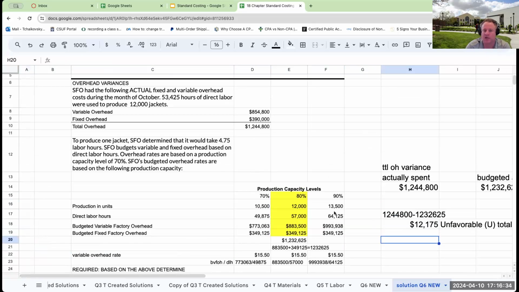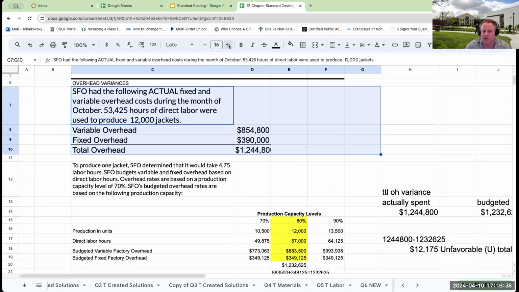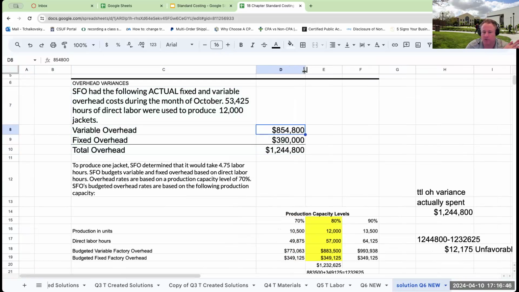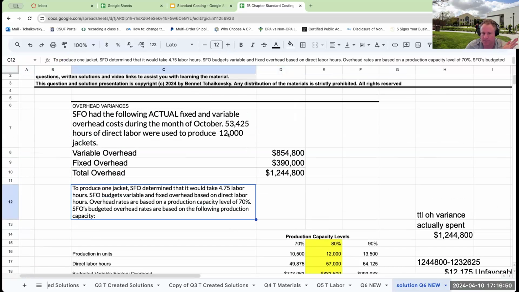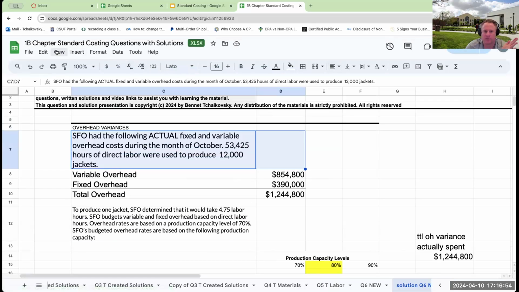Again, first thing I have to do, if you don't do this, the rest of the problem is not going to go well. So coming over here, I had the following actual fixed and variable overhead costs. It was 1,244,800. And let's give ourselves some more room.